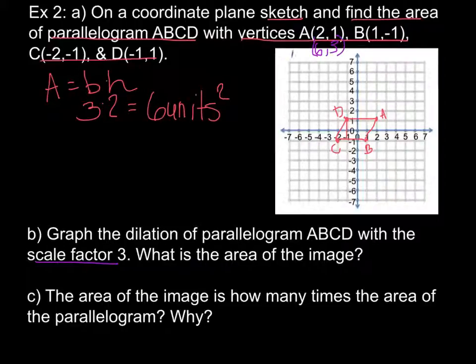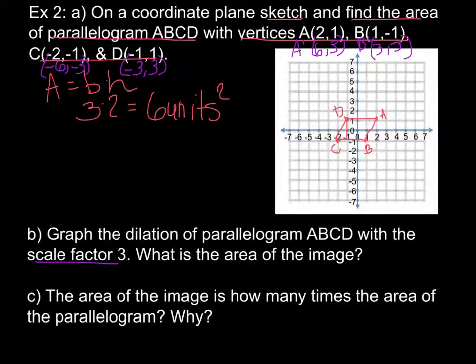That's our new A prime. B prime, 1 times 3 is 3, negative 1 times 3 is negative 3. On C, negative 2 times 3 is negative 6, and negative 1 times 3 is negative 3. And on the last one, we get negative 3, 3.